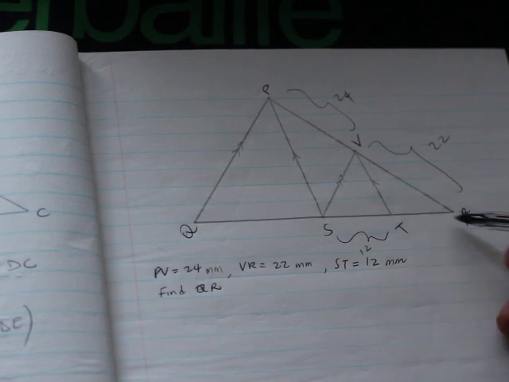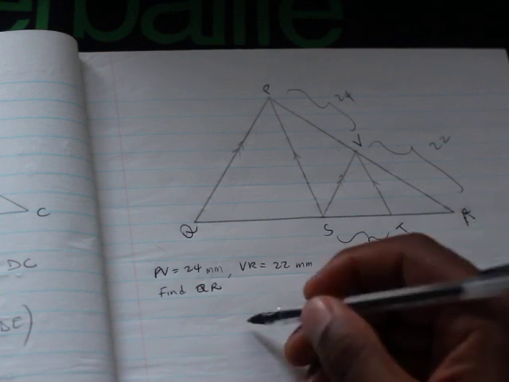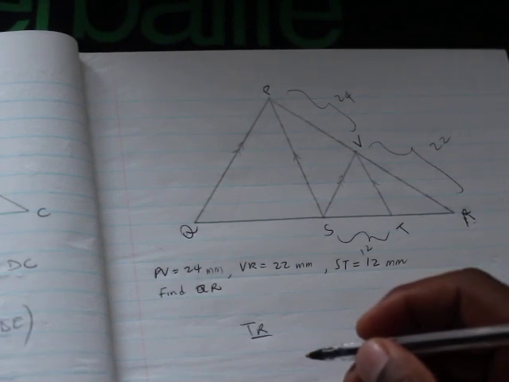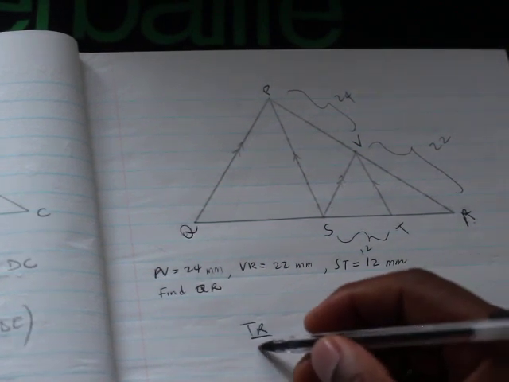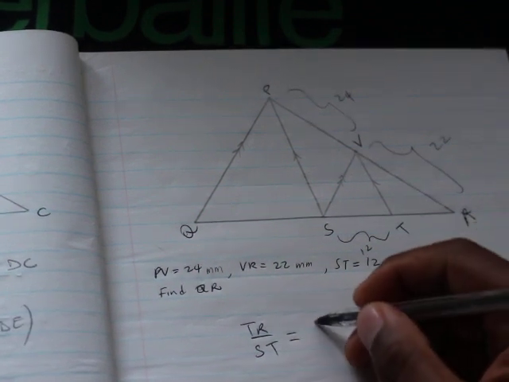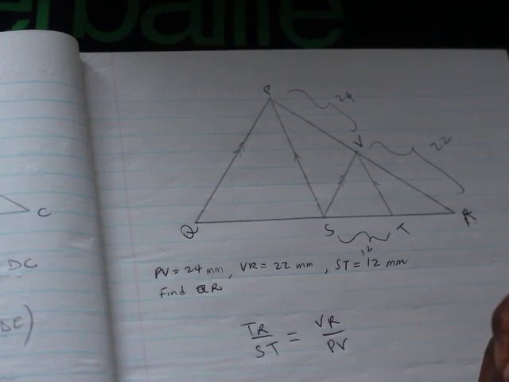So looking at this triangle over here, you can see that TR over ST must be equal to VR over PV.